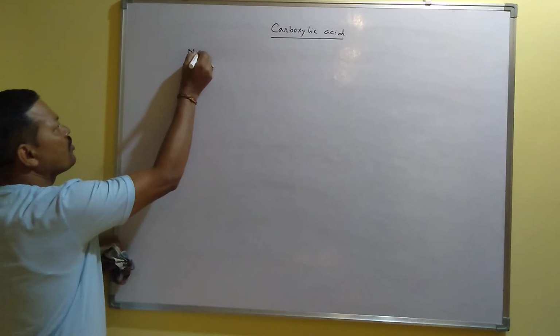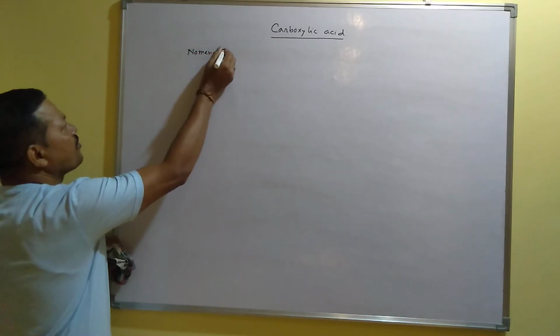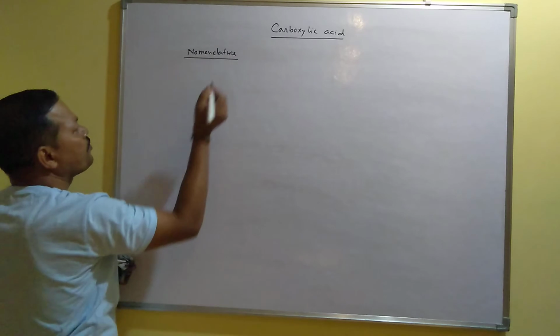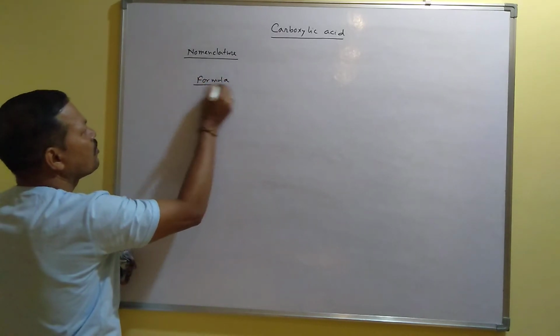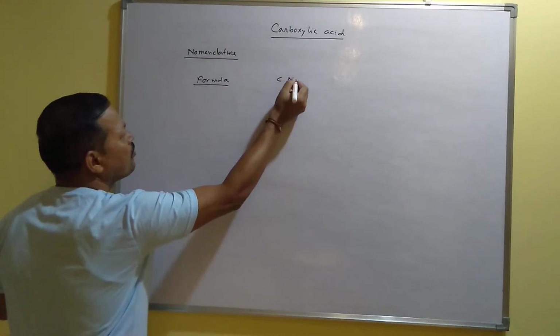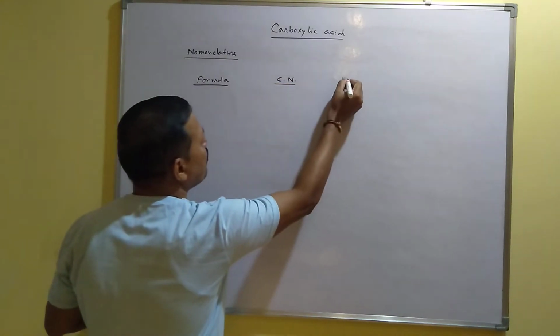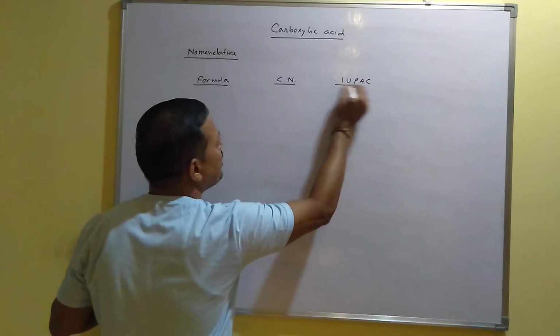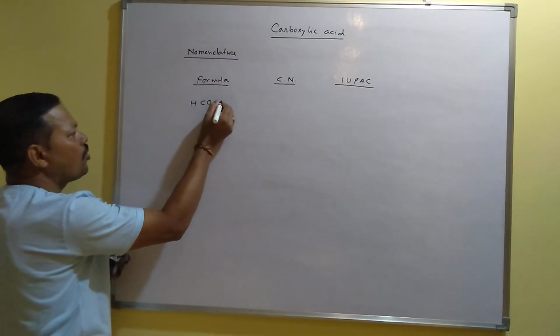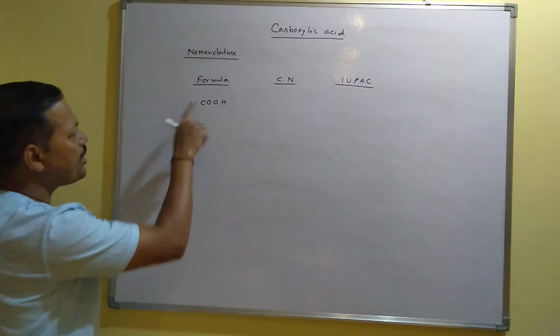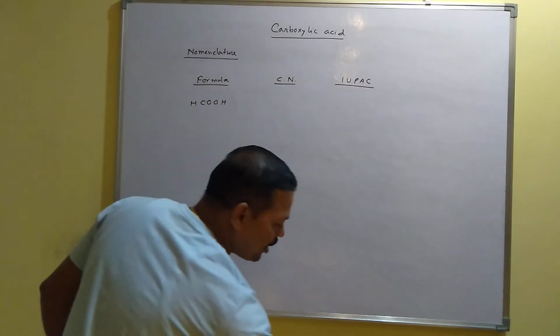So first, nomenclature. Formula, common name, IUPAC name. These are some examples of carboxylic acid. This is the smallest carboxylic acid, which contains only one carbon.